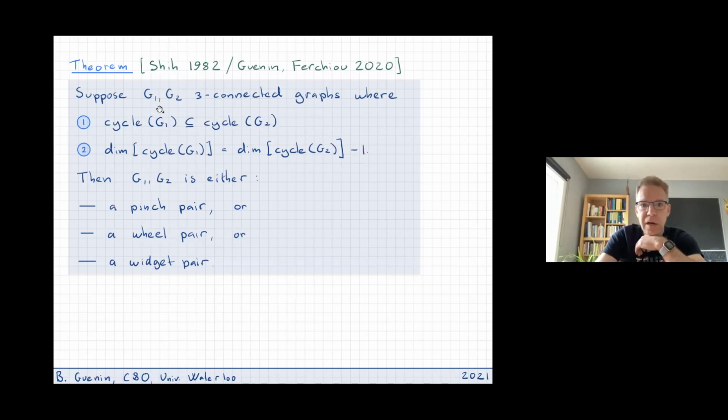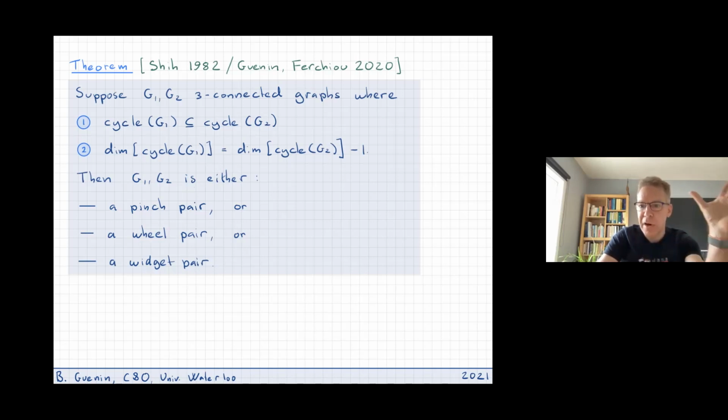So again, I'm adding here the condition that G1 and G2 are 3-connected. And again, I have this condition about the cycle space of G1 being contained in the cycle space of G2, and the difference in the dimension being 1. And then G1 and G2 have to be one of the constructions I've shown you, right?